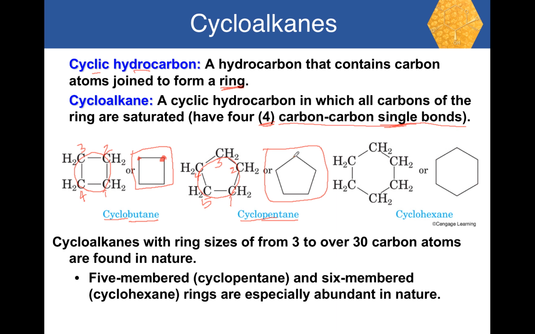Again, right here is a CH2, CH2, CH2, CH2, and a CH2. This is not surprising if you were asked to name that molecule. It has 1, 2, 3, 4, 5, and 6 carbons, making it a hexane. And since it's in a ring, it's cyclohexane.